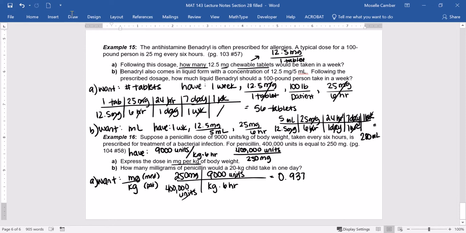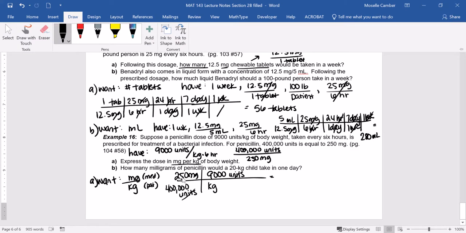Actually, hold on. What we're going to do here, because it's not asking for any amount of time, we're only going to worry about this first part, the 9,000 units per kilogram. So I don't really care about the time component now.